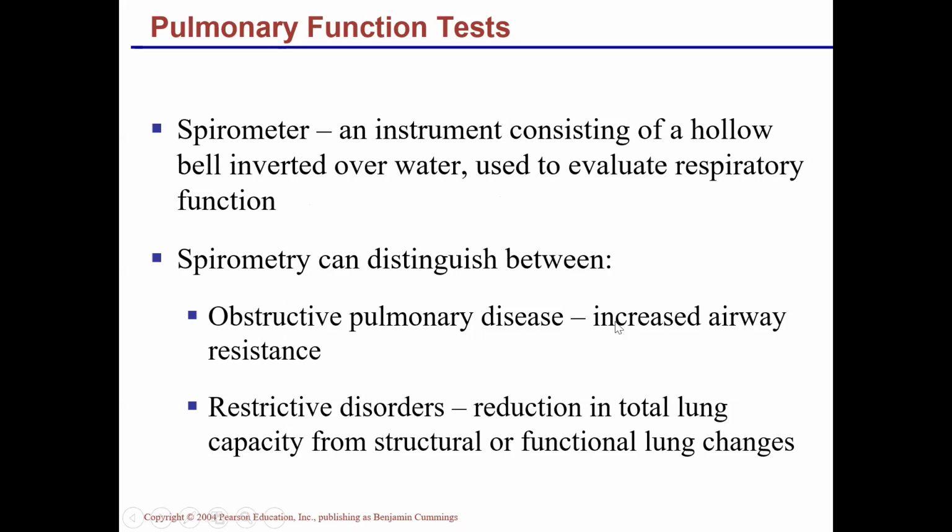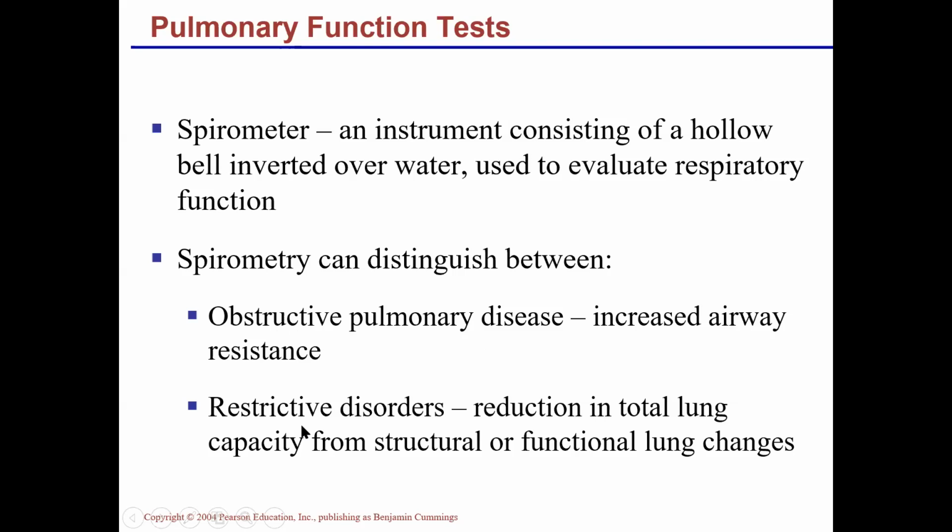Obstructive is basically an airway problem, resistance. Say if you have asthma, the airway is constricted, so there is more resistance for air going in or out. That is considered an obstructive problem.